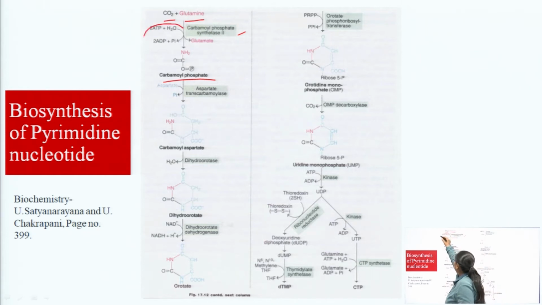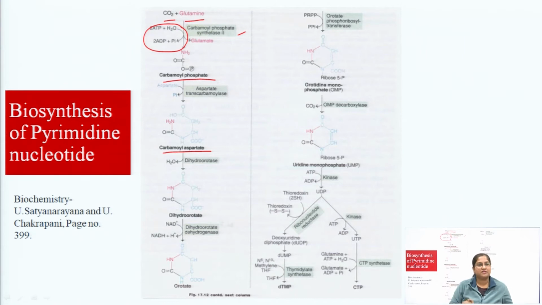There is also incorporation of an ATP molecule: ATP is converted into ADP, so ATP is consumed, 1 inorganic phosphate is released and we get our ADP. So, CO2 plus glutamine gives carbamoyl phosphate, which is then converted into carbamoyl aspartate.